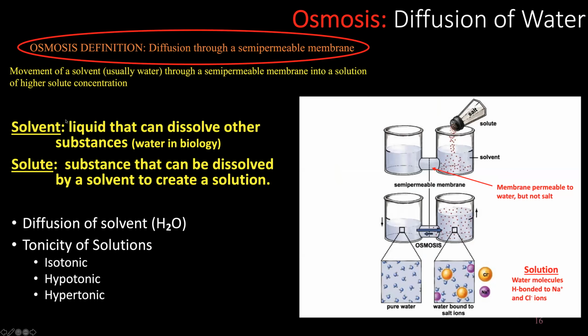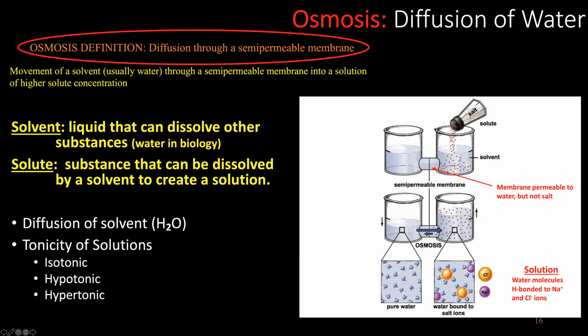Now here we have to talk about two terms, solvent and solute. A solvent is a liquid that can dissolve other substances. And in biology, the solvent is almost always water. The solute is the substance that is dissolved in the solvent.